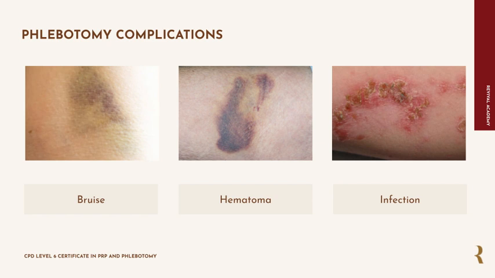Now the other thing that you could possibly see is a hematoma. A hematoma is more of a heavy type of bleeding. It happens where you have completely pierced through the blood vessel, and there's so much blood that has come out from that blood vessel that it has pooled all around the injection site, creating a little hematoma. What you will find with hematomas is that they heal a lot more slowly and they're a lot darker in color.